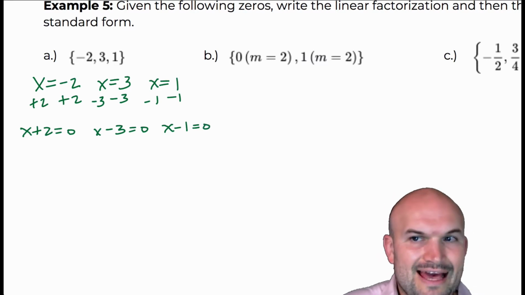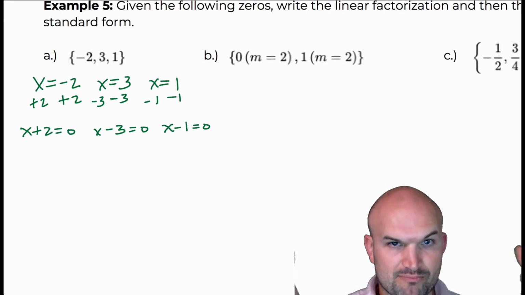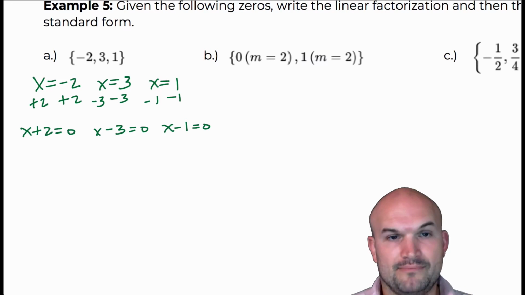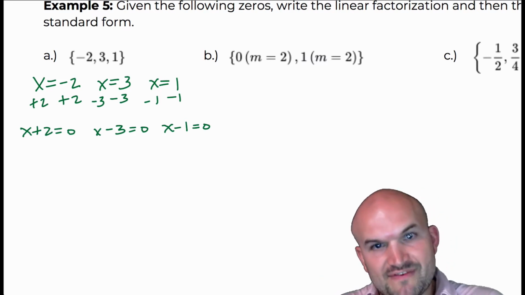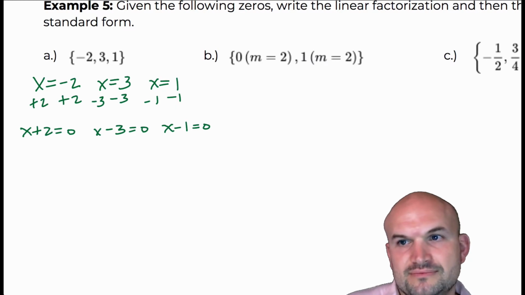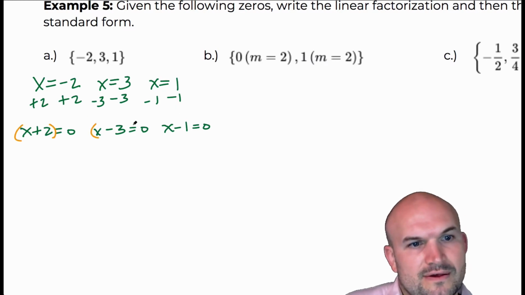And then what we notice is, remember the zero product property says when you have a product of factors equal to 0, then you can set each and every one of those factors equal to 0. So basically, these are all examples of factors. This is a factor, that's a factor, and that's a factor.